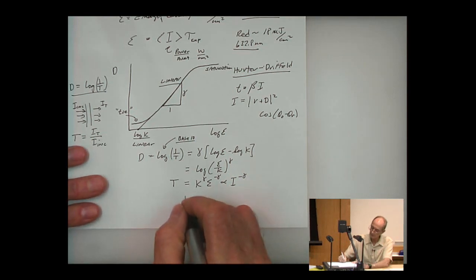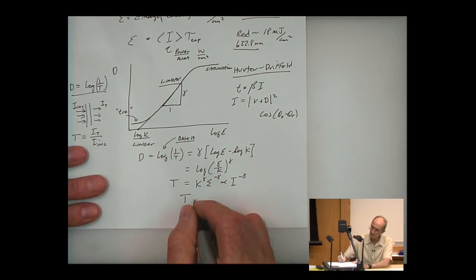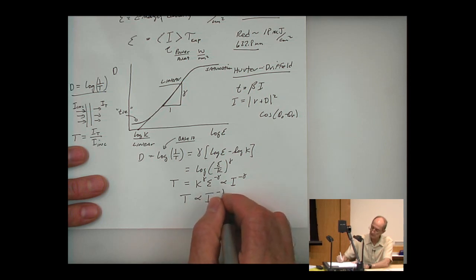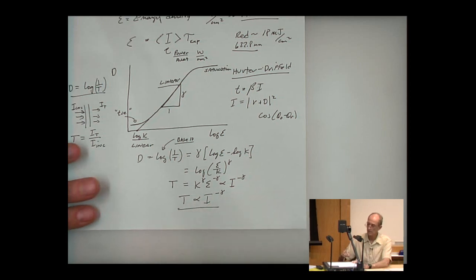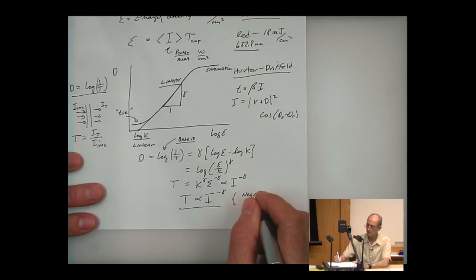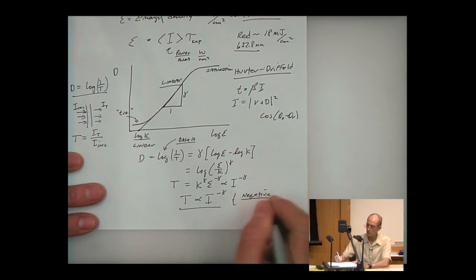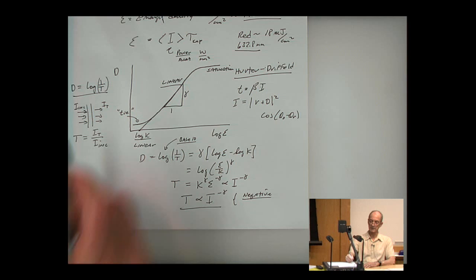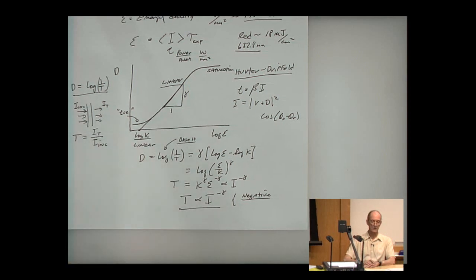So we end up with the transmittance that we get after exposing this film being proportional to the intensity to the minus gamma. What this is indicating is that the film responds in a negative manner. The more intensity we give it, the darker it gets. So it's going to transmit less light coming through there.